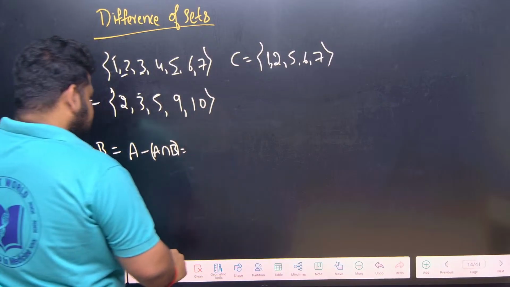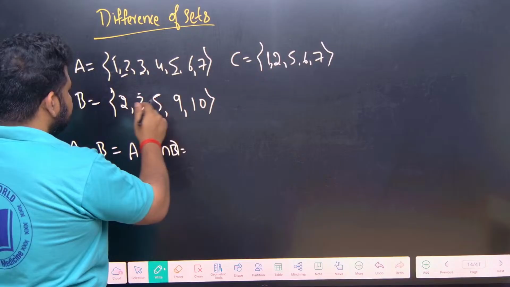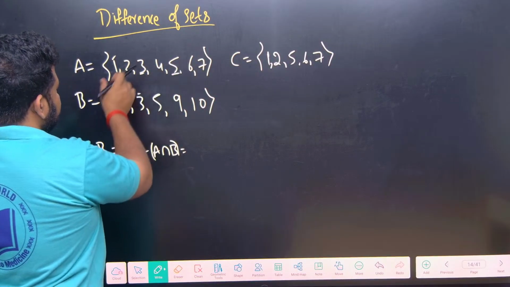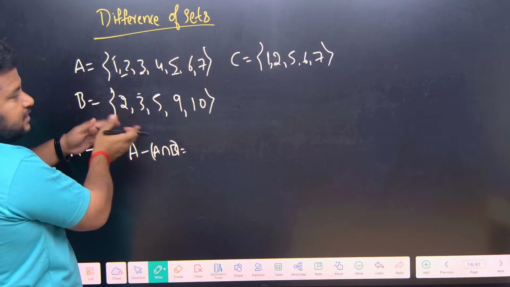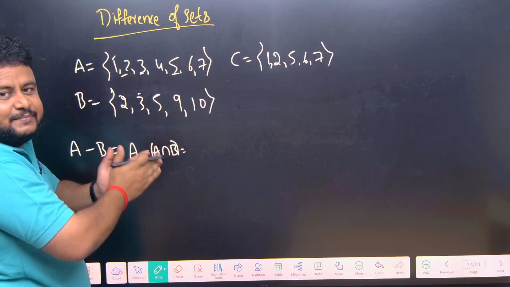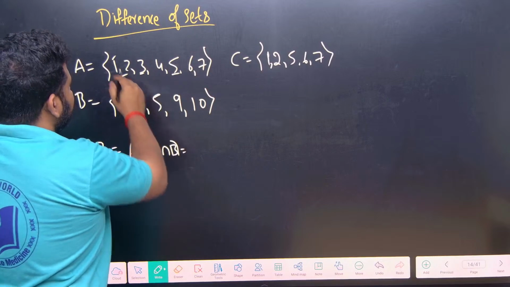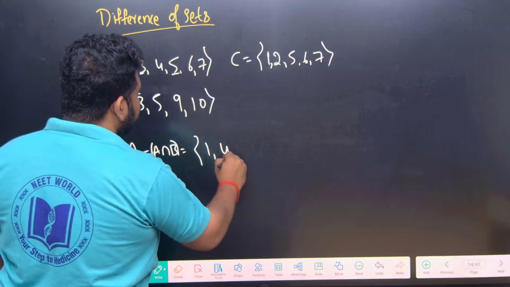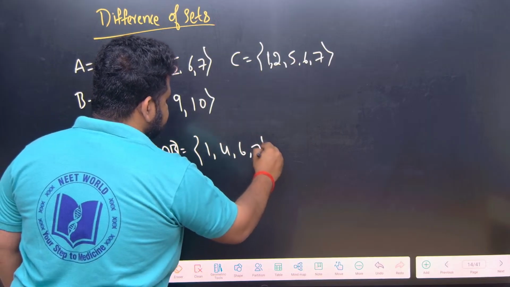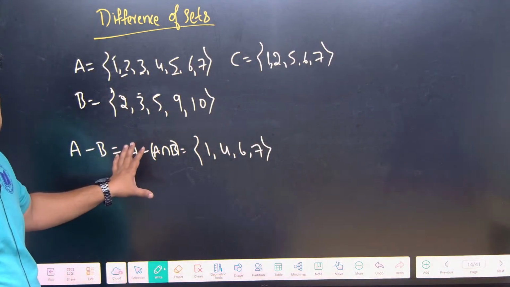So 2, 3, 5 are there here. You have to remove the elements of B that are present in A, and write the remaining elements of A. If you remove 2, 3, 5, you are left with 1, 4, 6, 7. This is the meaning of A minus B.